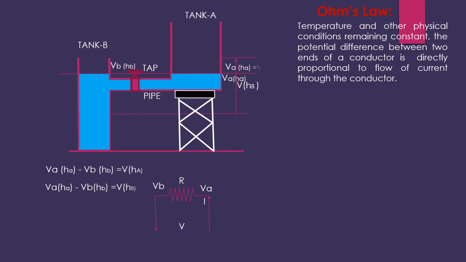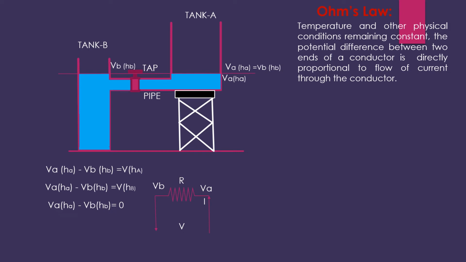Similarly, if potential difference VA minus VB is decreased, then the flow of current through the circuit will be decreased.